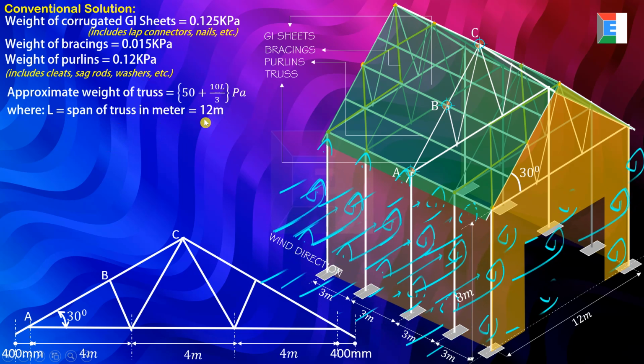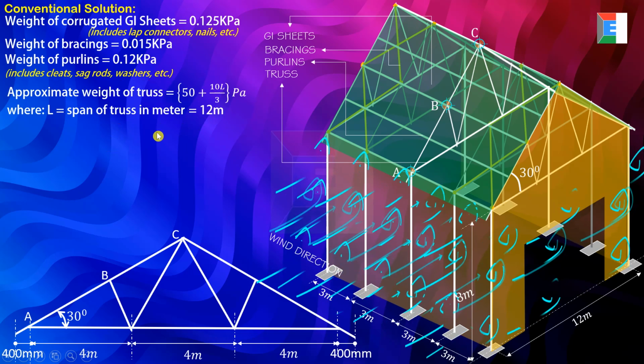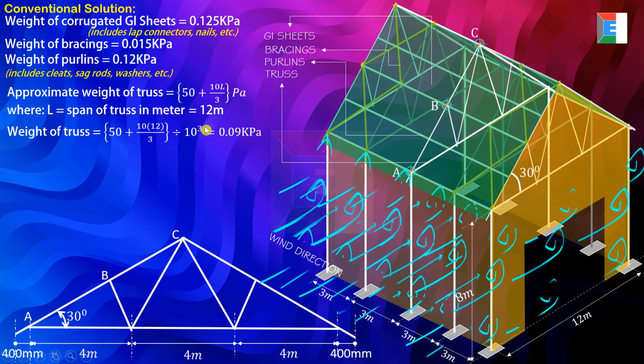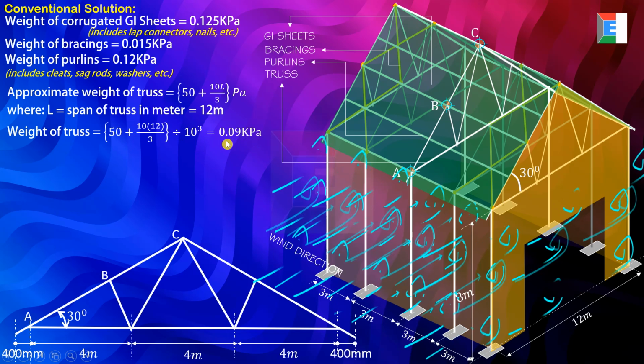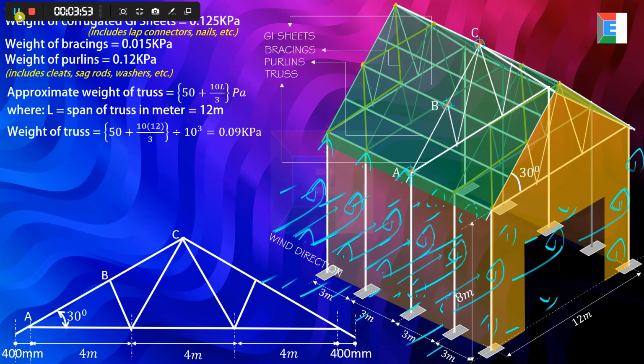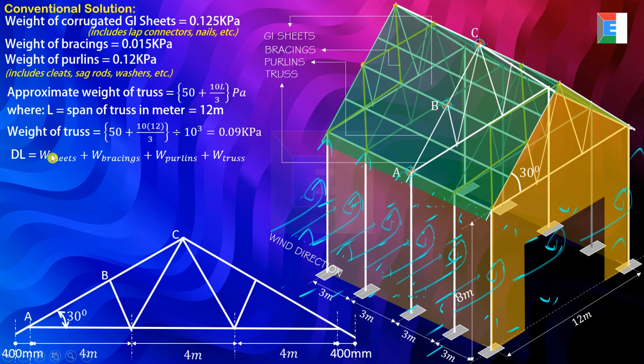So yung length natin is 12 meters. So 50 plus 10 times 12 divided by 3, naka-Pascal to, we divided by 1,000 to make it in kPa. So we have 0.09 kPa. So meron na tayong total dead load ngayon. So ito yung sa 0.125 plus 0.015 for the bracing.